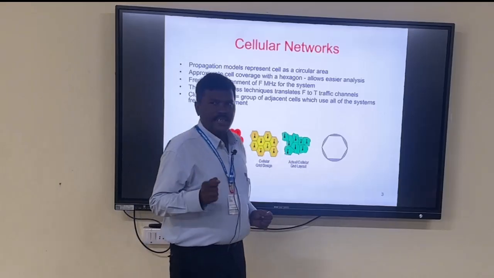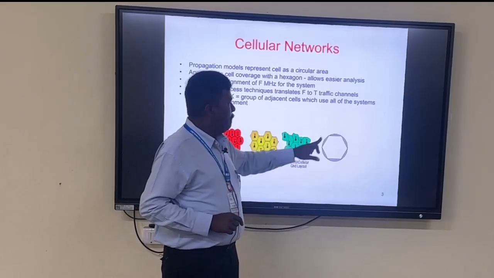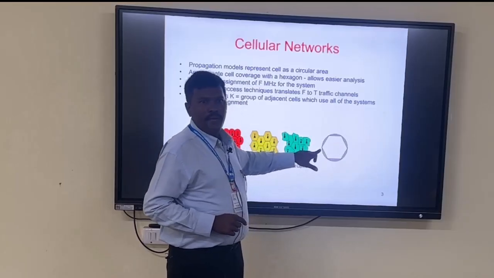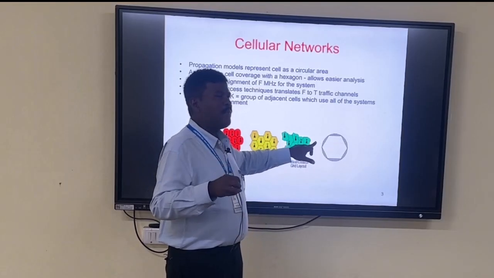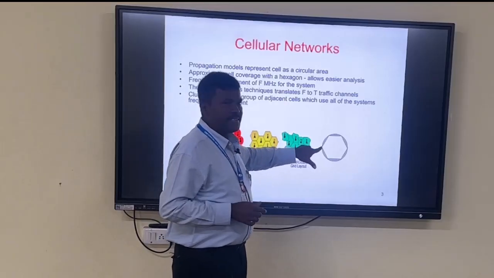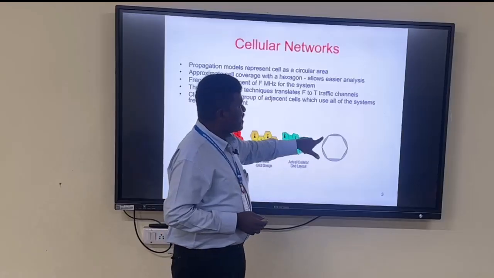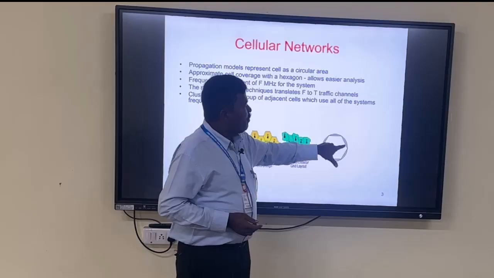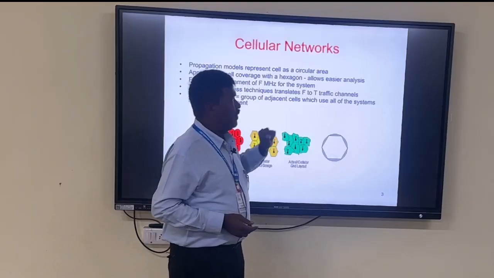As I told you in the previous slide, the cell is circular in order to attain the maximum coverage area within that cell, so we choose the idealized hexagon shape. From here we can see the maximum coverage we can attain.